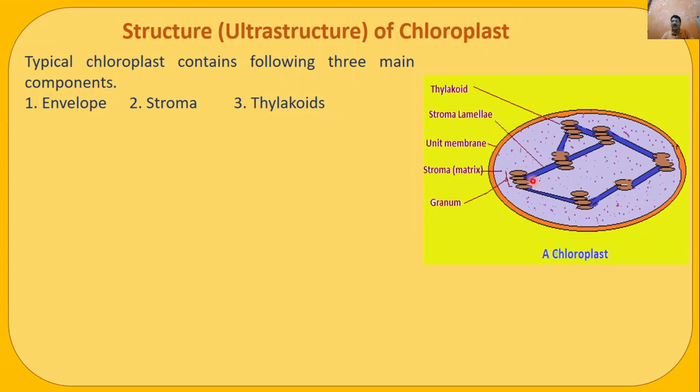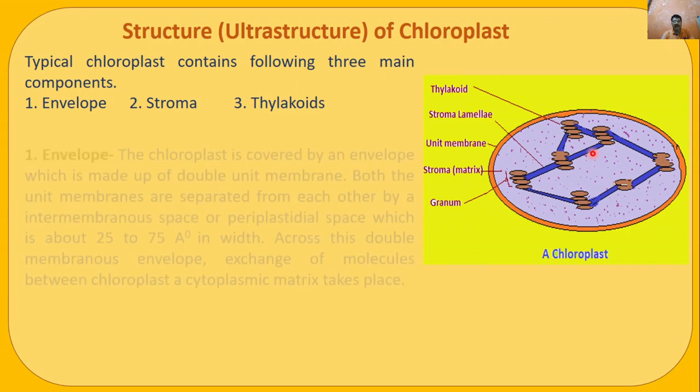What are the different regions or different chemicals present in the stroma? We will see in detail. Thylakoids, these are the thylakoids. Here you can see this is a single thylakoid. So all these are the different parts of a chloroplast. Let us see one by one in detail.